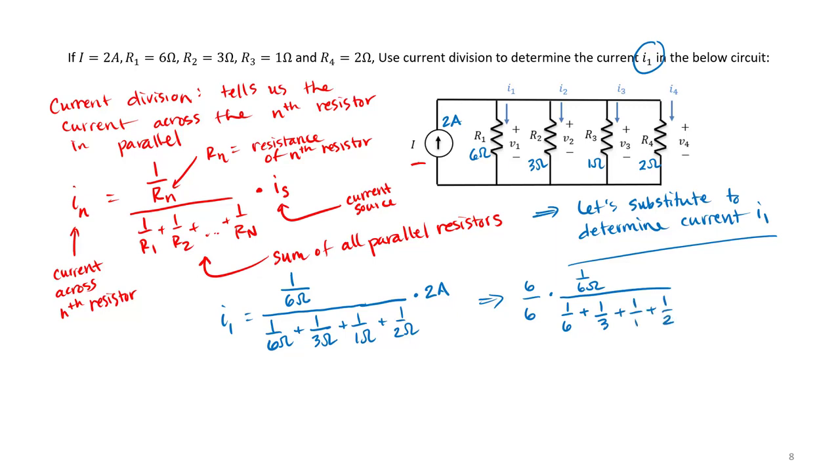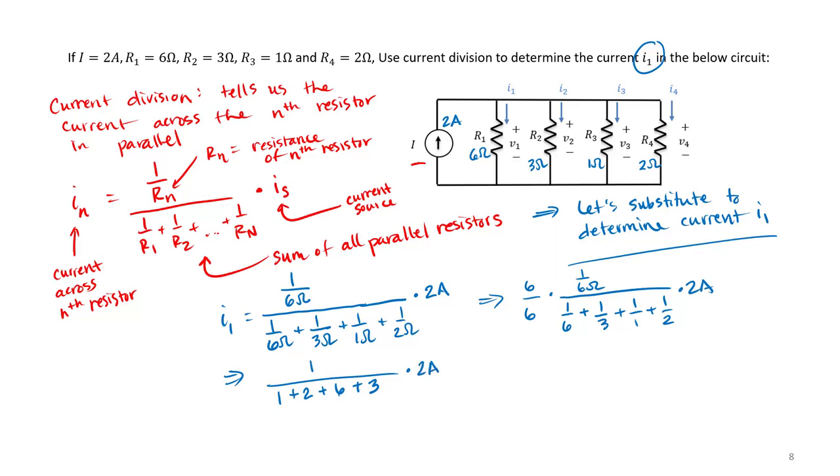Both the numerator and denominator are multiplied by 6. We are left with, up top we have 6 times 1/6, that's just 1. And then on the bottom, 6 times 1/6, that becomes 1. 6 times 1/3, that becomes 2. 6 times 1, that becomes 6. And 6 times 1/2, that becomes 3.